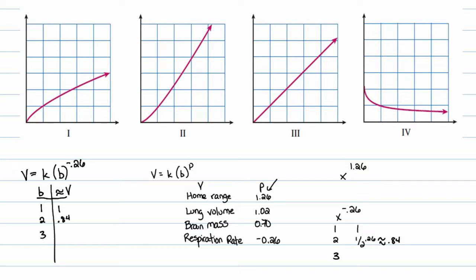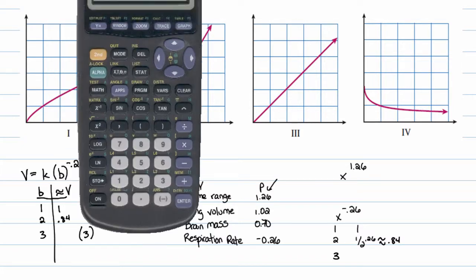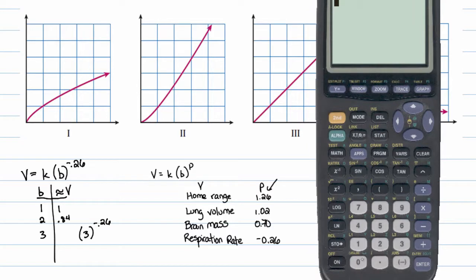When b is 3, well, we have 3 raised to the negative 0.26 power, and you can just go ahead and open up your handy dandy graphing calculator, and I'll just take 3 and raise it to the negative 0.26 power, and you see that's 0.75 roughly.